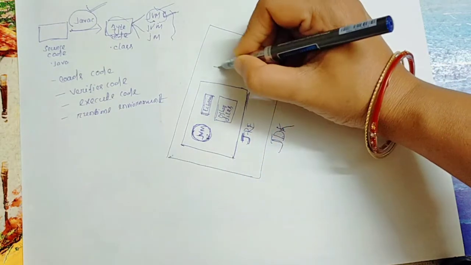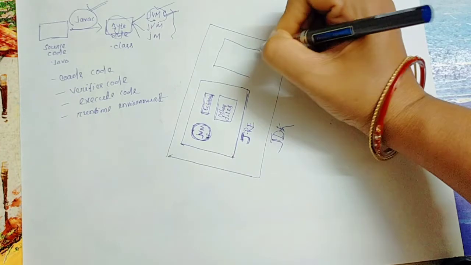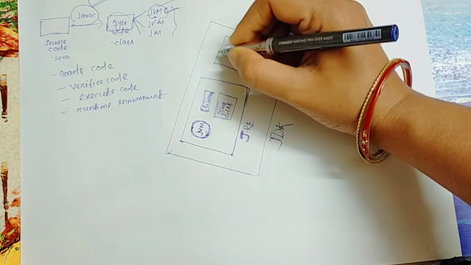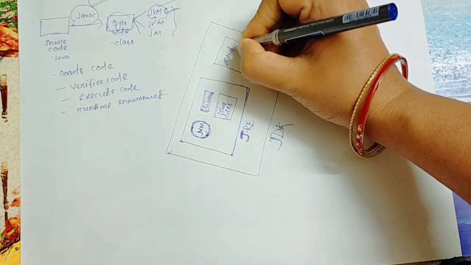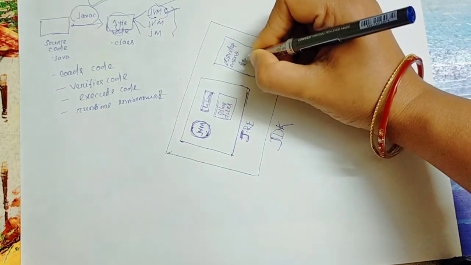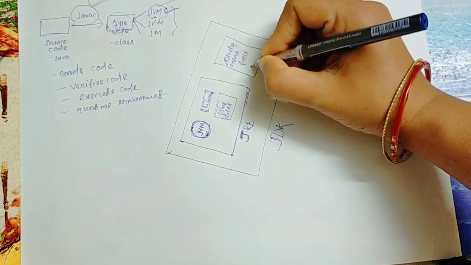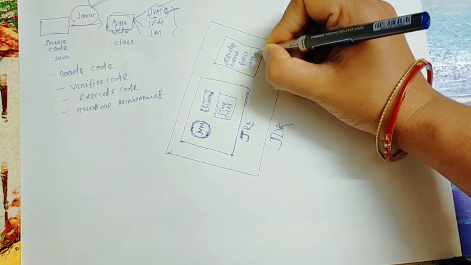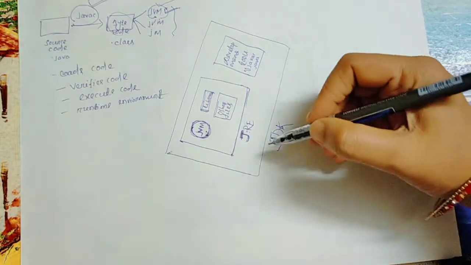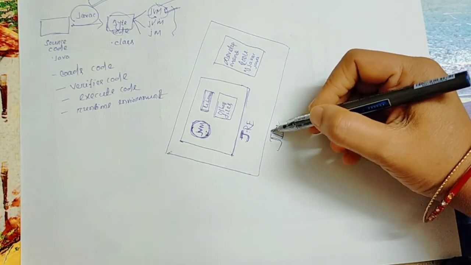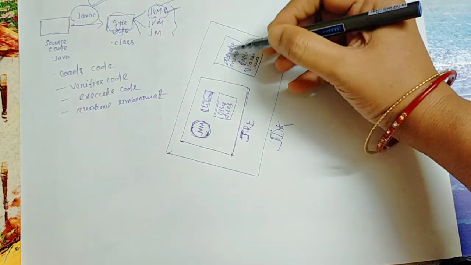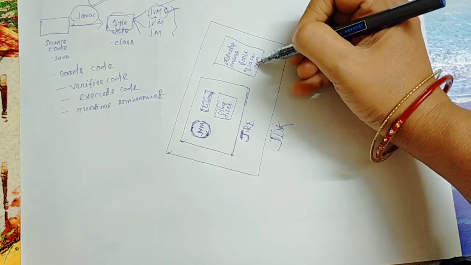With that, JRE also contains other development tools like the javac compiler, java, javadoc, etc. Development tools means, for example, javac and java. That means once JDK is installed, it contains JRE, and with that it contains development tools, that is javac and java.